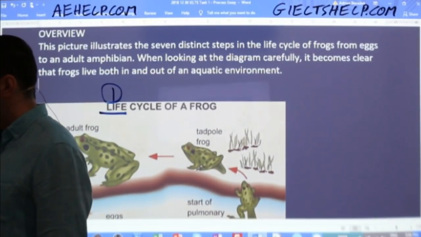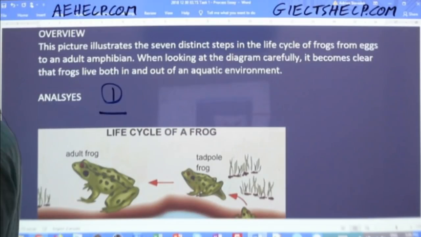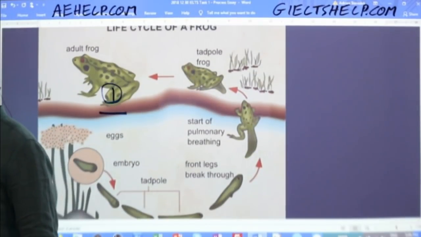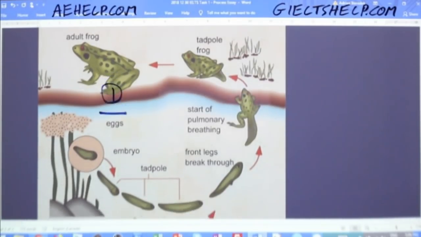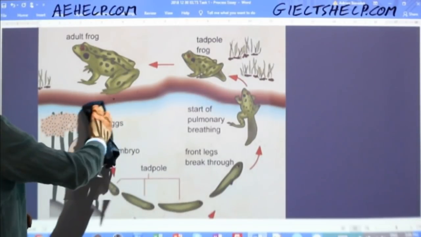All right, now we want to do the analyses. This is the main part of your task 1. Remember, you have to write at least 150 words. So for this kind of diagram, it's not too difficult to figure out the steps 1, 2, 3, 4, 5, 6, 7, because you basically go with the cycle.